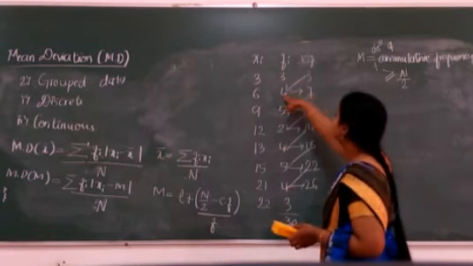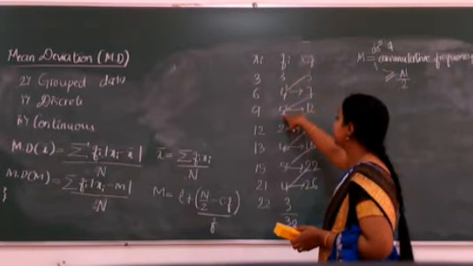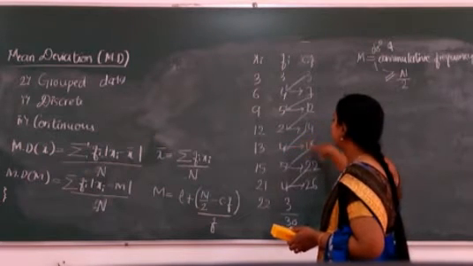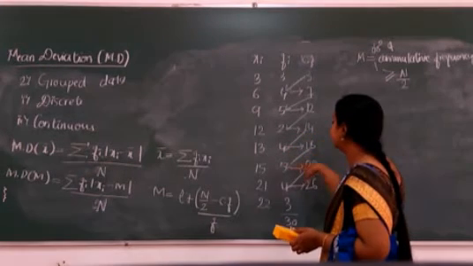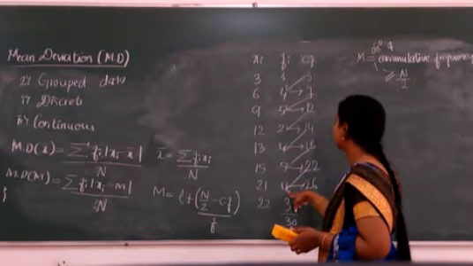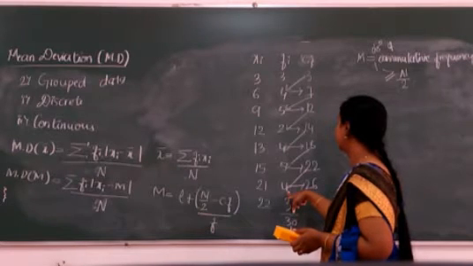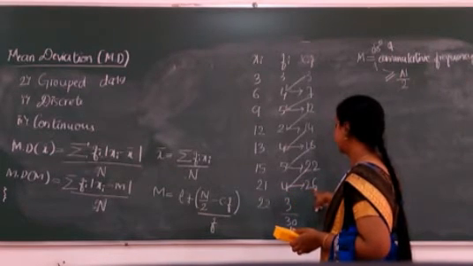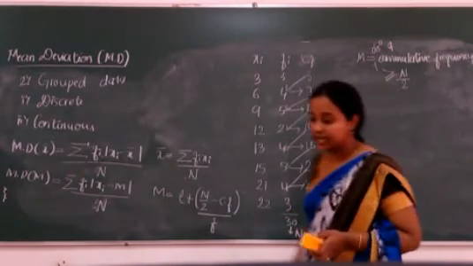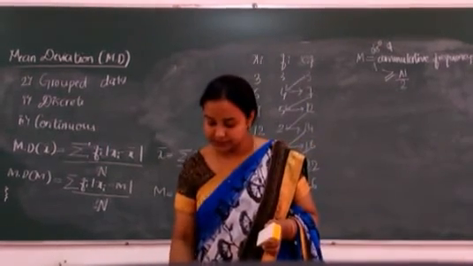Okay, so 3 plus 4, 7. 7 plus 5, 12. 12 plus 2, 14. 14 plus 4, 18. 18 plus 5, 22. 22 plus 4, 26. 26 plus 3, we are getting 29, but you should get the sum as 30.